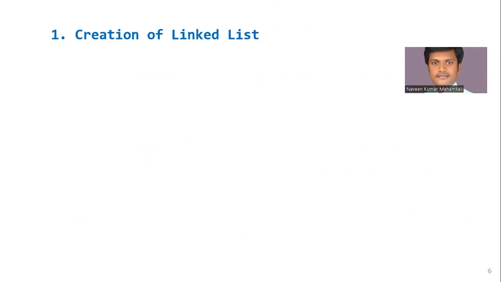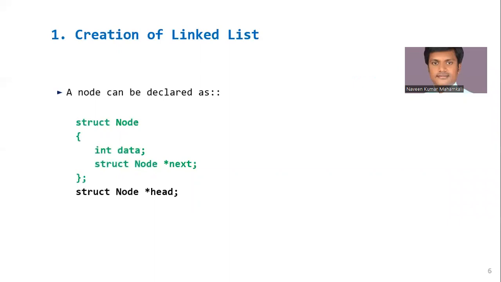The creation of a linked list. If we want to create a linked list, we first need to understand how to create a node. As a C programmer, you can use a structure to create a node. You can see the node declaration here, struct node.